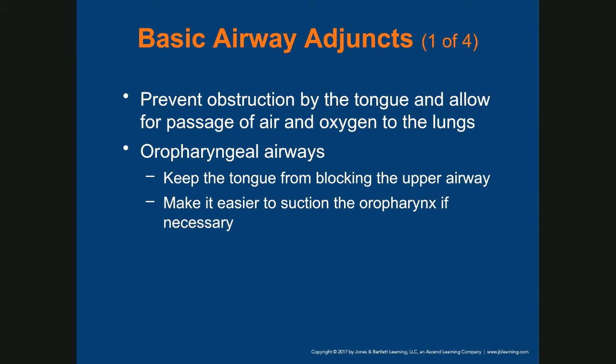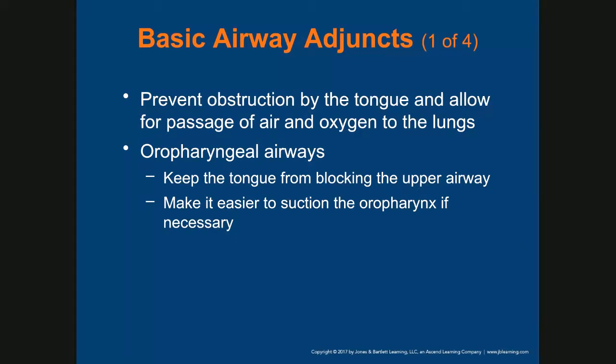Now, if you're manually maintaining the airway, you cannot manually maintain the airway and fix a ventilation problem. You're going to need your hands. So we have airway adjuncts to assist us, and that's where airway adjuncts come into play.